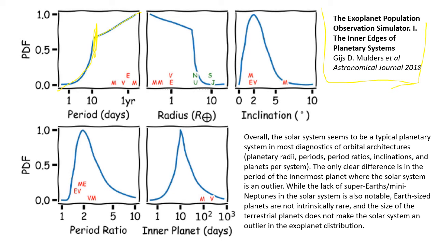So planets that are going around their star in just 10 days are very common, and the probabilities of finding planets after that just go up from there. But 10 days is our edge, really common around 10 days. And you can see by comparison, Mercury, Venus, Earth and Mars are pretty probable.